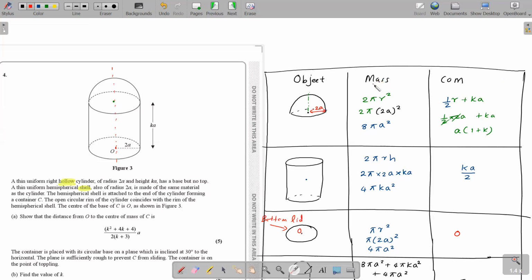When you see a 3D object, we normally consider the mass is proportional to the volume. But over here, it's a hollow cylinder and a hemispherical shell, which means it's completely empty inside. So even though you're working with 3D objects, if they are hollow and empty inside, the volume cannot be taken as a representation of mass.